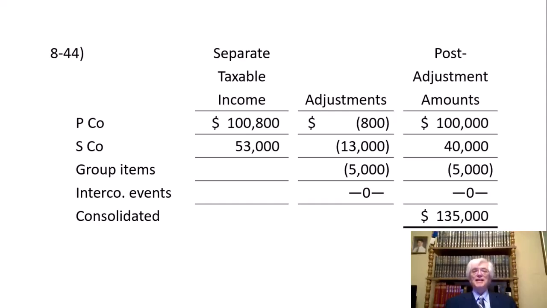That is our consolidated taxable income. And that is how you use Exhibit 8.3 worksheet to calculate consolidated taxable income from the two separate corporations. So that's problem 44. That is a very good problem, I think, for illustrating exactly how you're going to proceed to calculate consolidated taxable income.